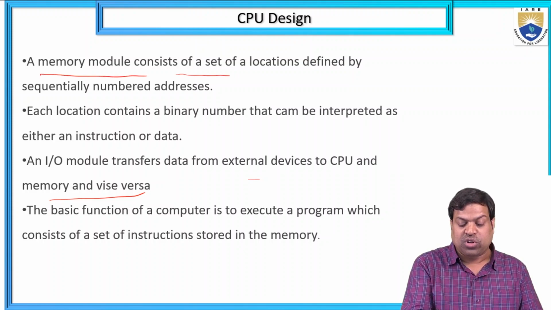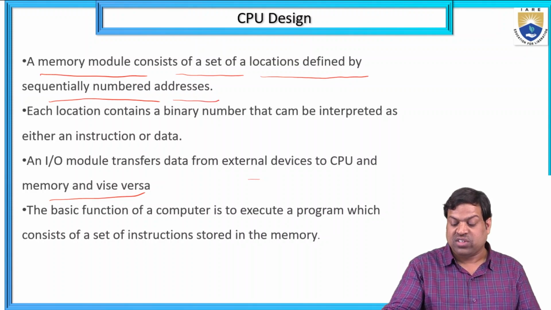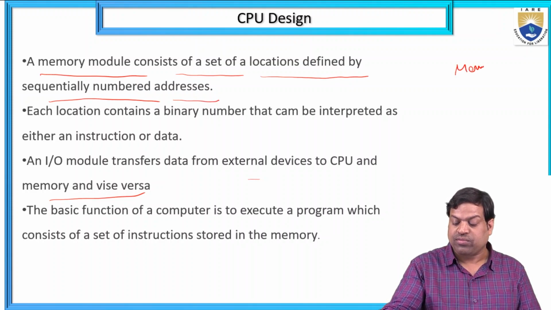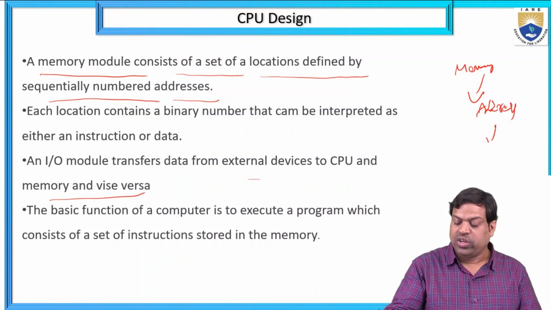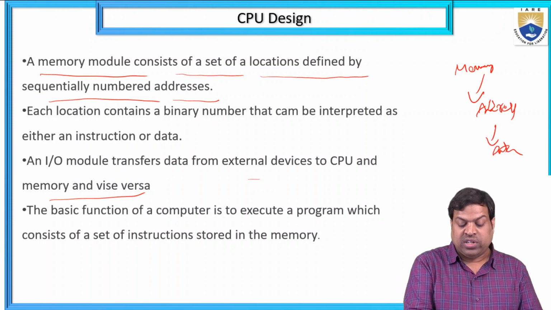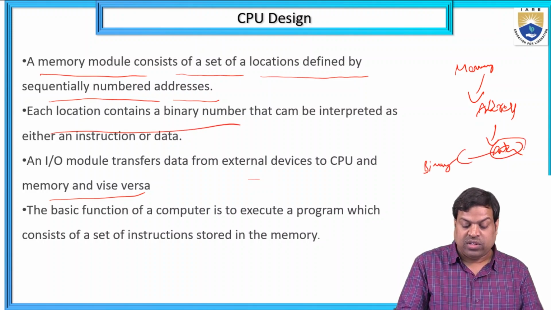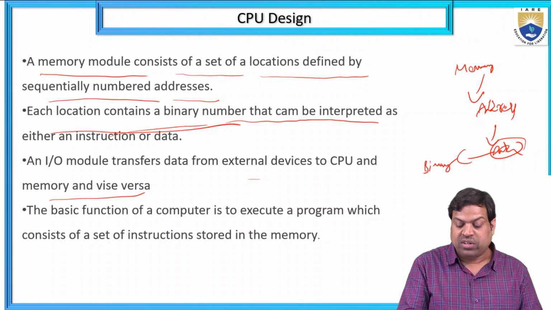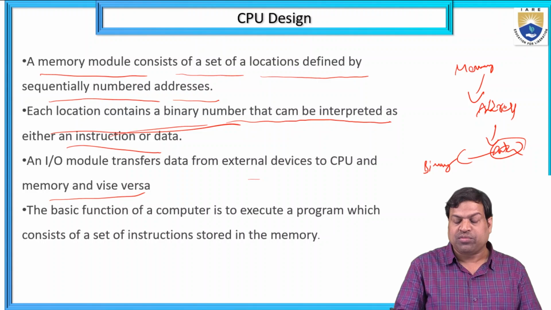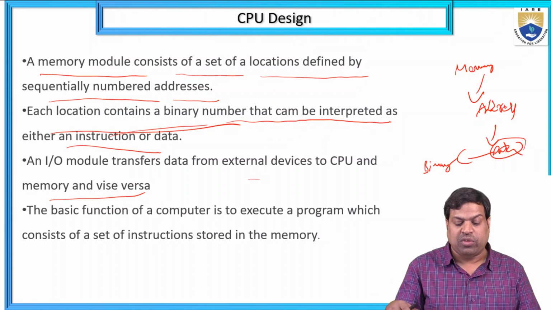So, a memory module consists of a set of locations defined by sequentially numbered addresses, including the data. What is the data? The data is in the form of binary. Any instruction or data is in the form of binary.